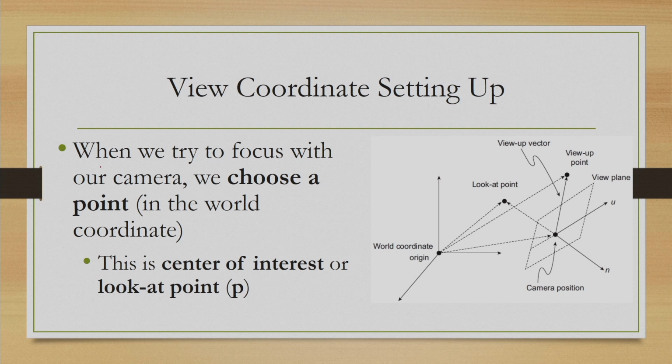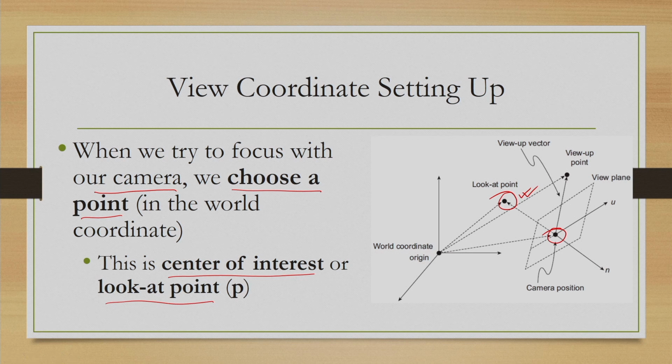Now, when we try to focus our camera, we choose a point, as we have already mentioned before, in the world coordinate system, and we call this the center of interest or look at point, as shown here. So, this is our camera position and this one is the look at point.